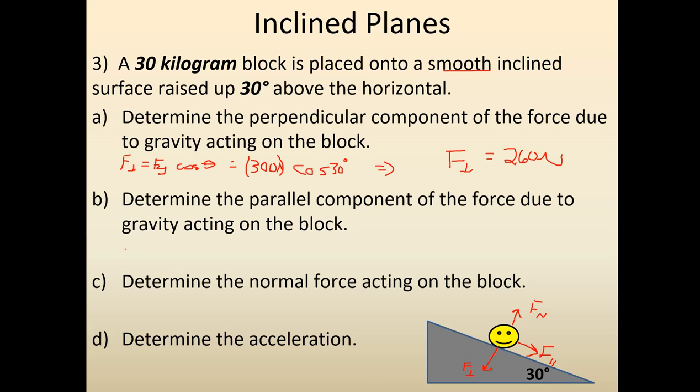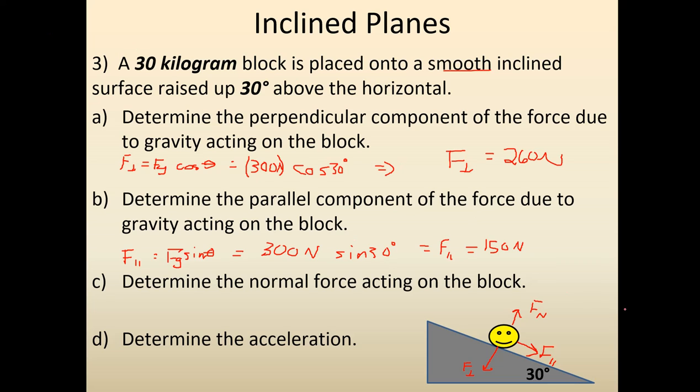And then the parallel force is going to be Fg sine theta, so it's going to be 300 times sine of 30. Plugging this in, we get that the parallel force is 150.